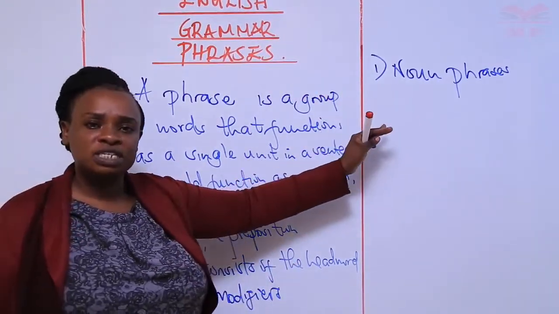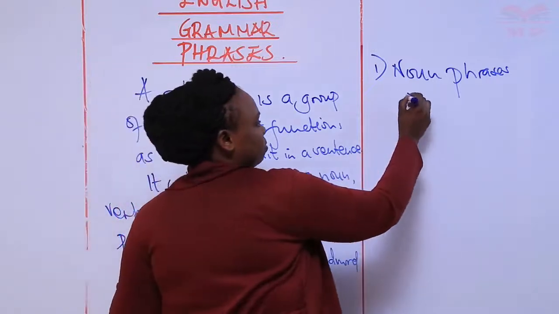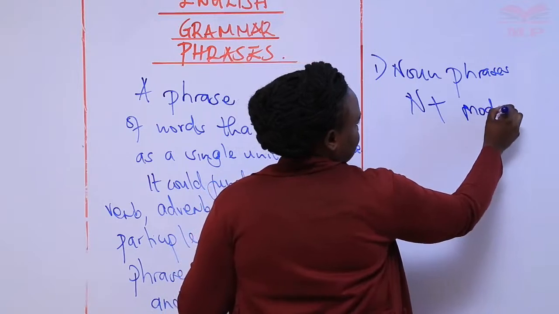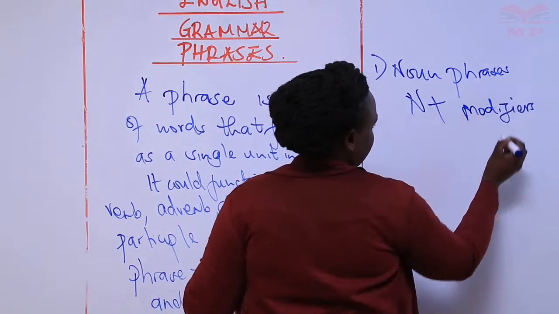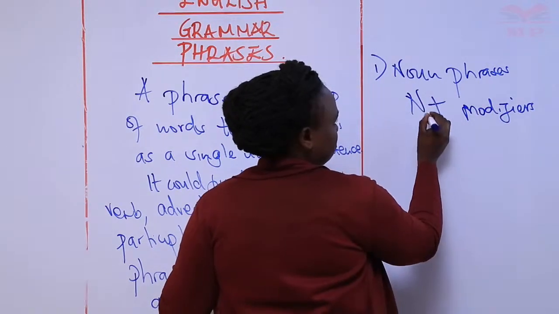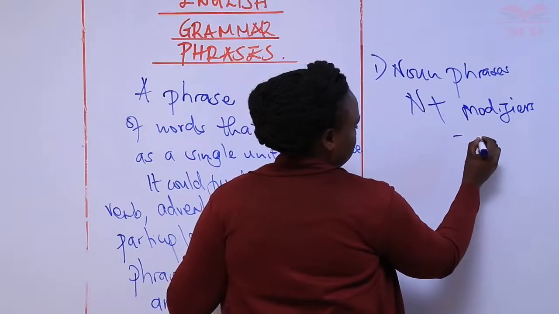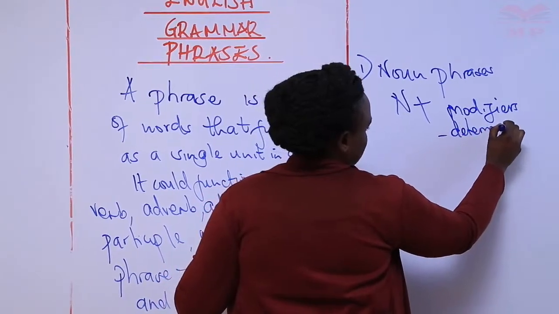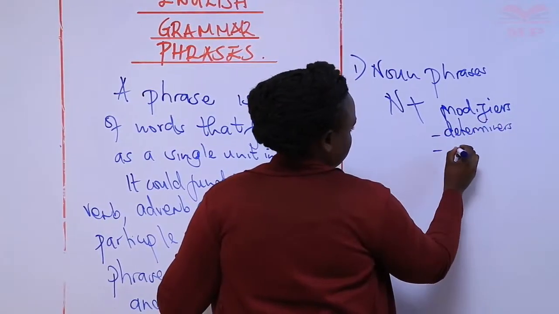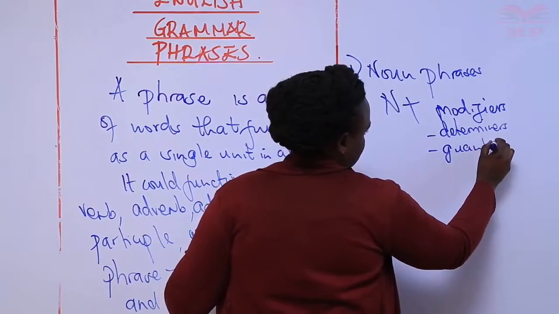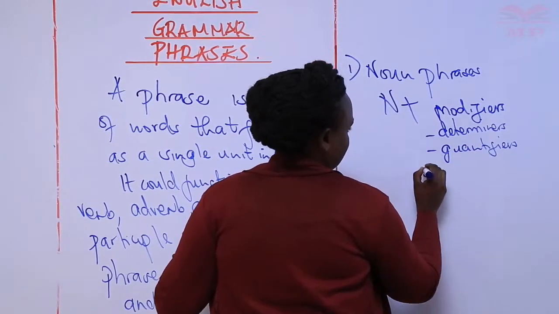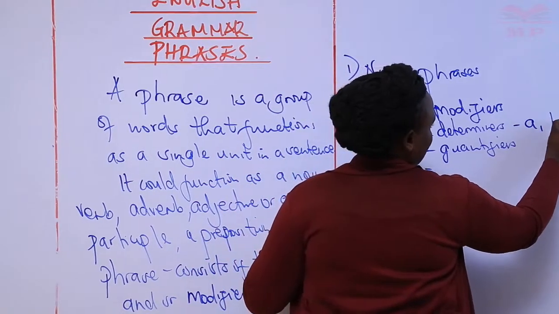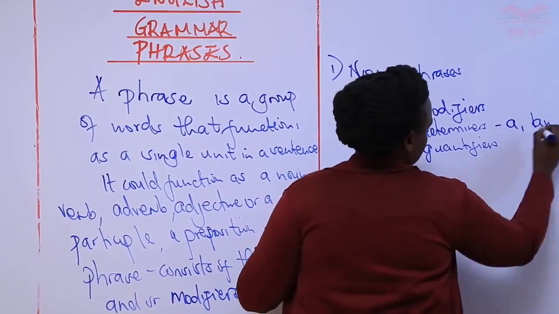So if it is a noun phrase, it will consist of the noun and the modifiers. These modifiers, when I say N, now N means what? Noun. So the modifiers could be determiners. It could be quantifiers. Let me give you examples of determiners. We have a, an, the.